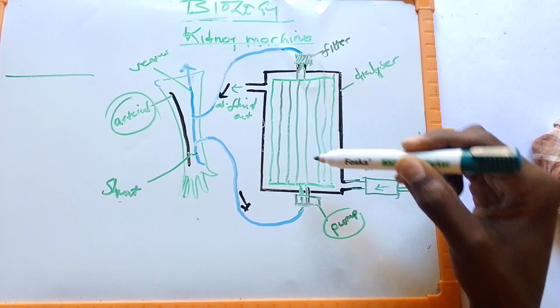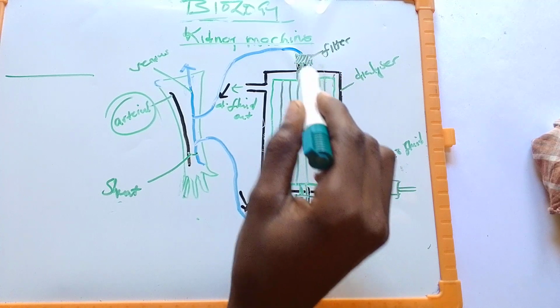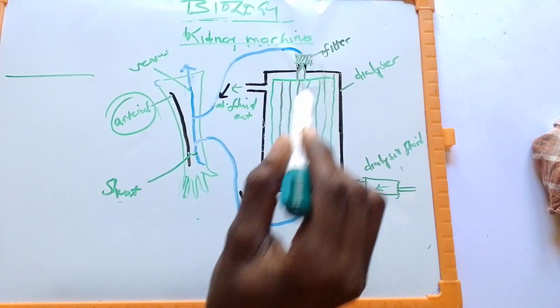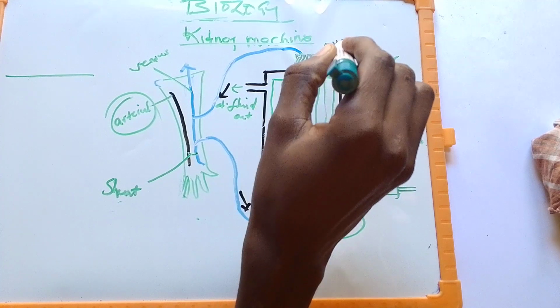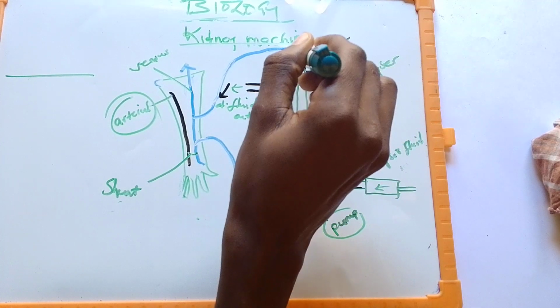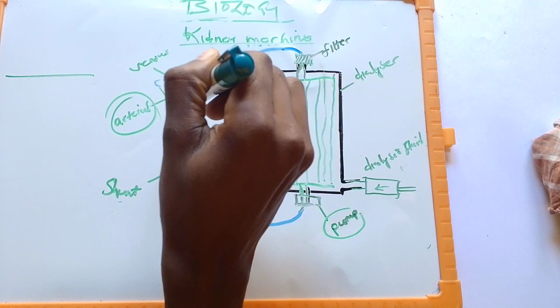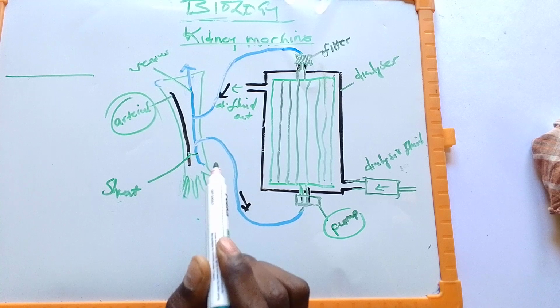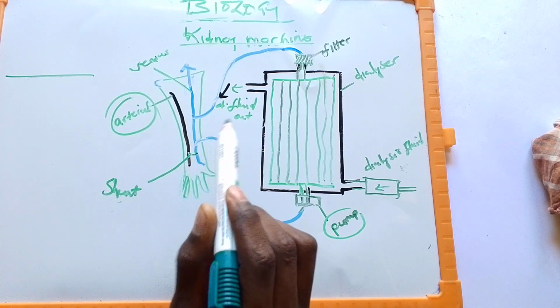When the blood enters here, there is also a filter as it is coming out of the machine. This filter also performs a specific function. Then as the blood is coming toward here, it will again go into the veins, then goes to get oxygenated.